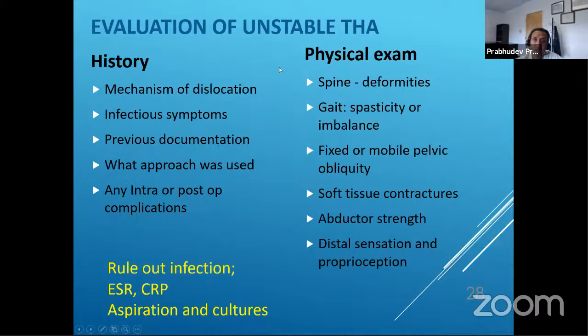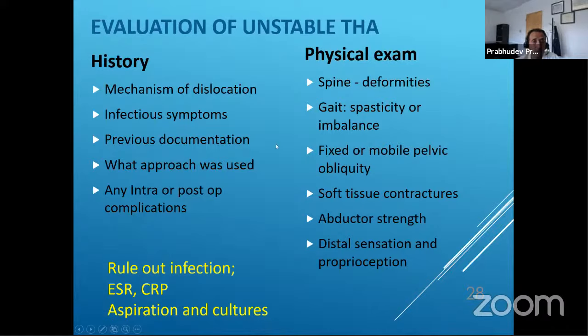And then in the physical exam, we should look for any spine deformities, and if the hip has been reduced and if the patient comes back for a recurrent dislocation, evaluate the gait, any fixed and mobile pelvic obliquities, soft tissue contractures. We should evaluate the abductor strength, and also the distal neurological sensation should be evaluated.